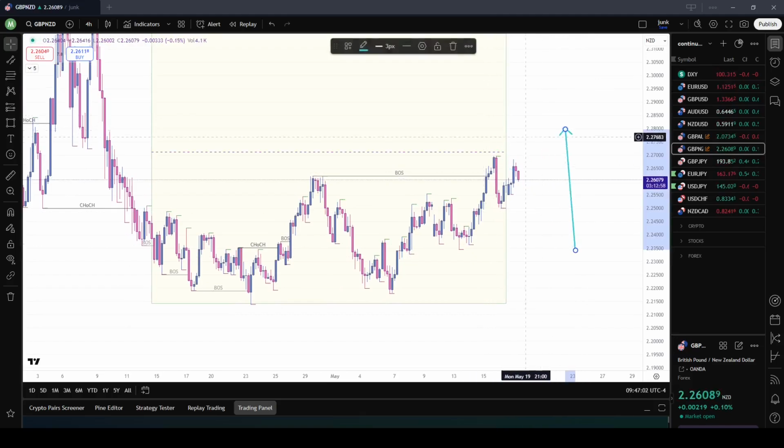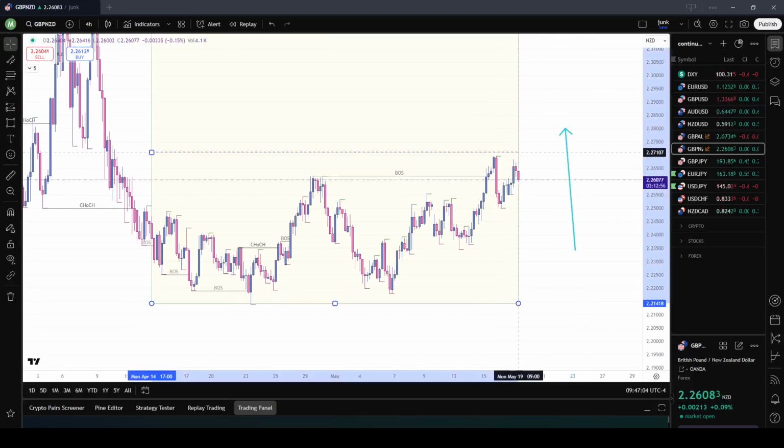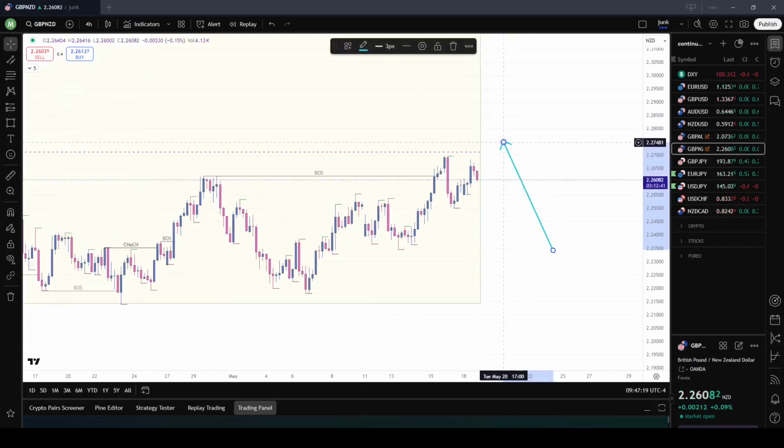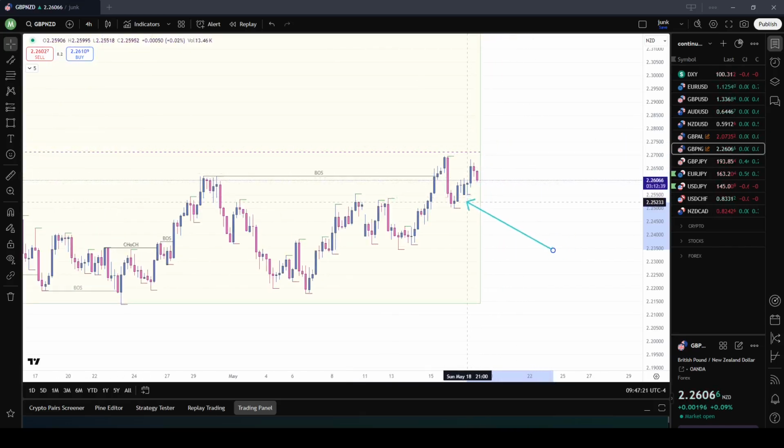So just like with GBP AUD, internally, fractally is bullish, but swing structure still bearish. But you can see prices making higher highs, higher lows, and then higher highs. So structure internally of this range is bullish, like I just said. But I'll be looking for a type of selling opportunity, just like with GBP AUD.